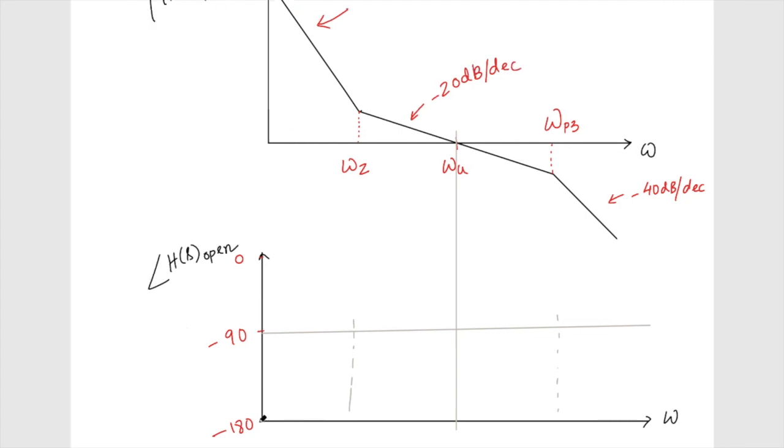The phase slowly starts increasing because of the 0, and here it will reach minus 135.